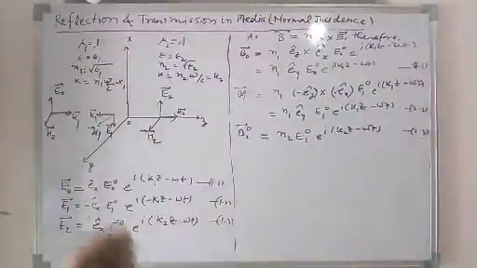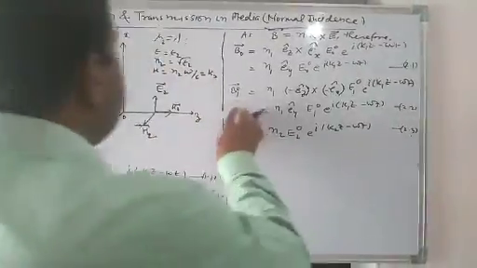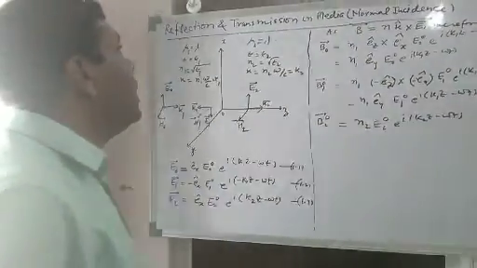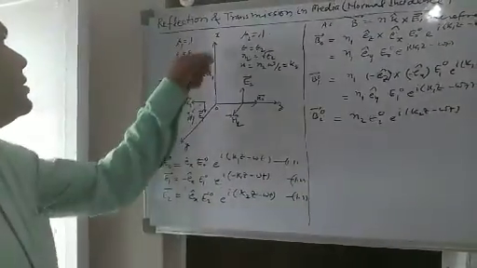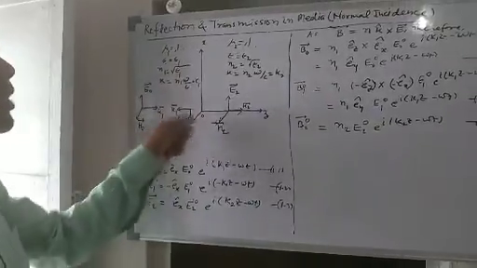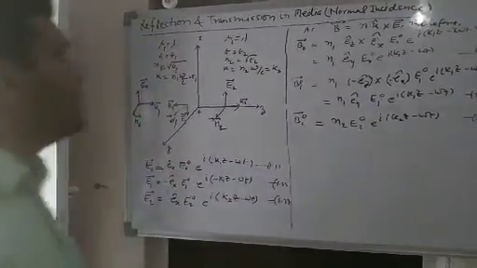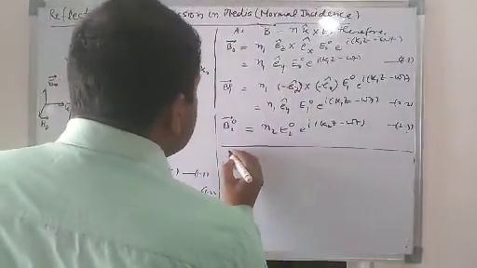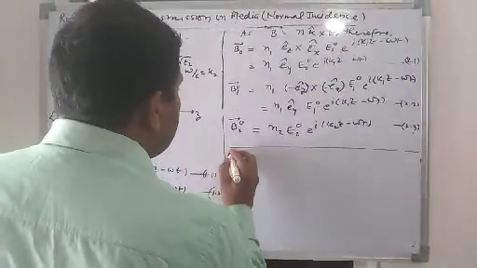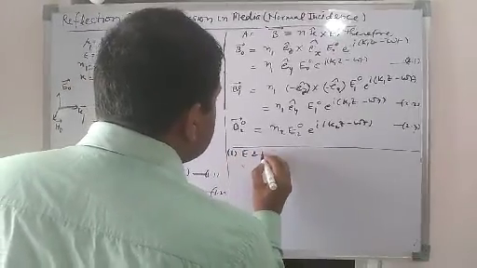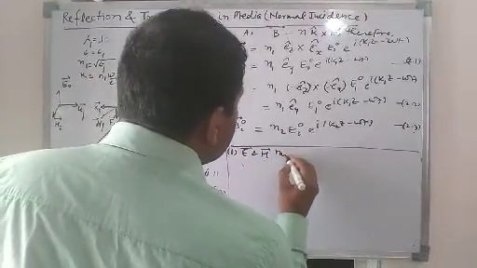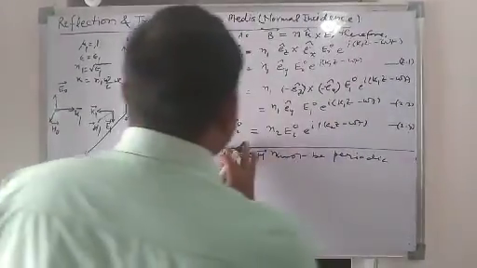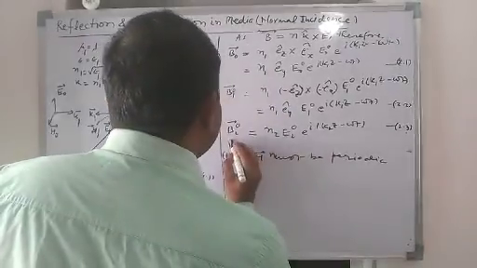Now, in order to solve this problem, what we need to ensure is that the boundary conditions are satisfied at the surface. Okay, this is the boundary point. So what should be the boundary condition? Boundary condition says that, number one, the periodicity: E and H must be periodic, which they are.